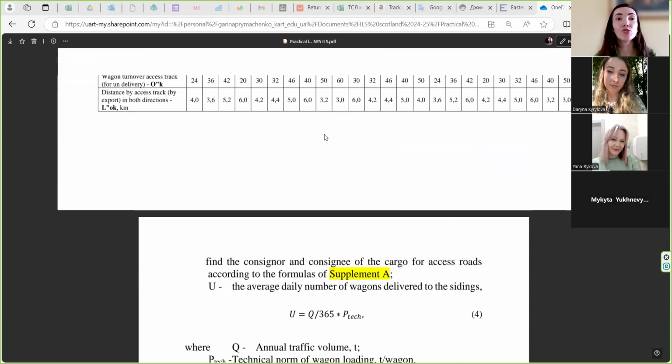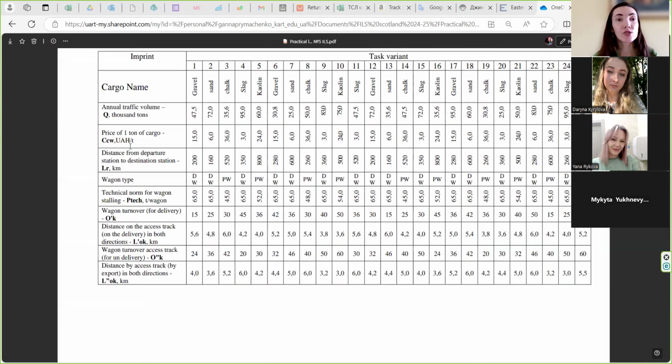P with index stage is the sixth parameter in our table, the technical norm for wagon steering. It is 65 for the first variant, 65 for the second variant, and so on for others.